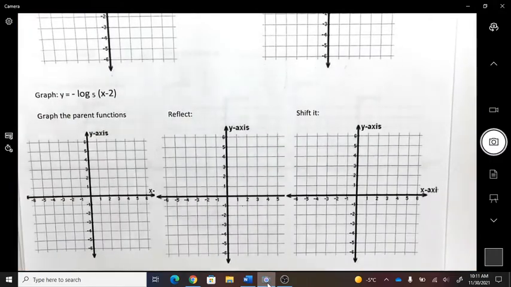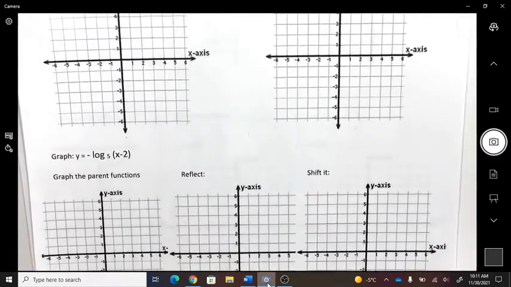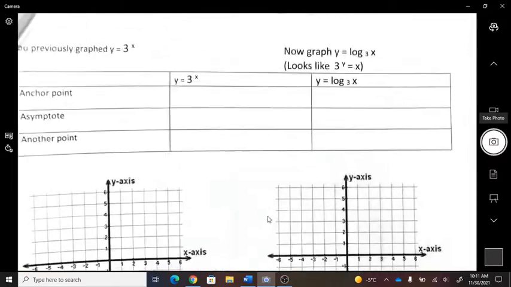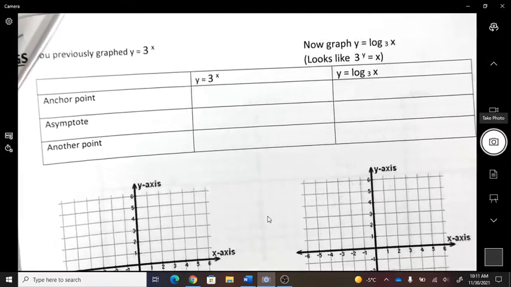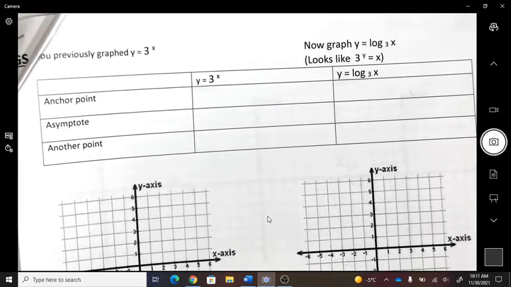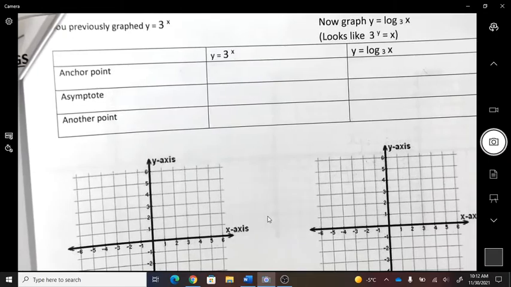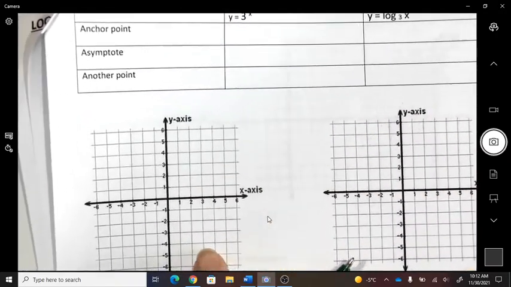Okay, so let's talk about graphing now. Okay, so here's the page in our notes where we stopped. Okay, so let's graph y equals 3 to the x here. We're going to graph it on this one.